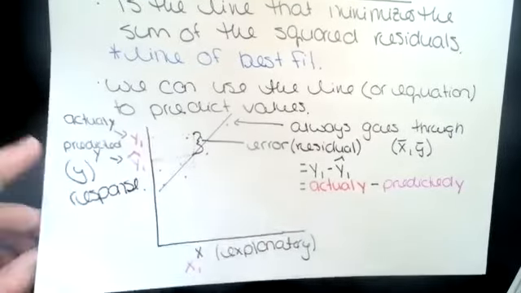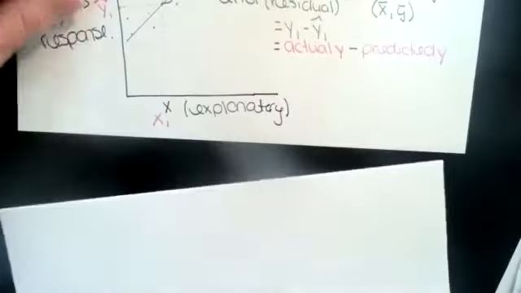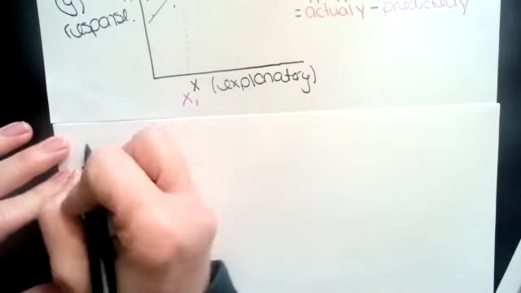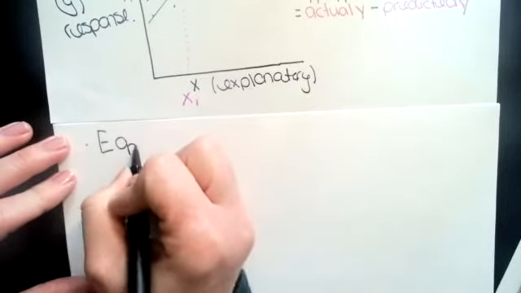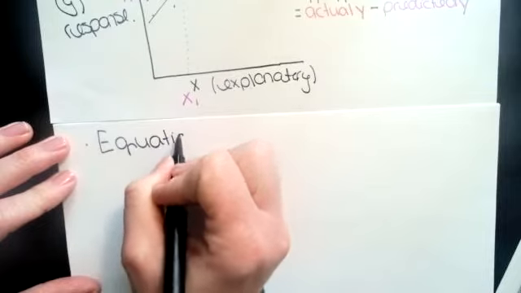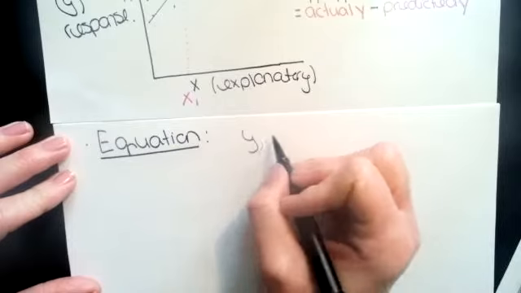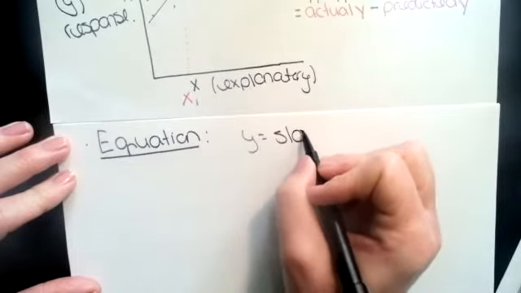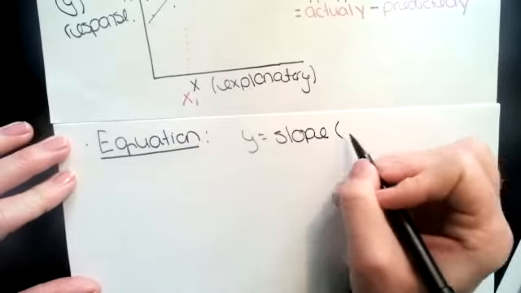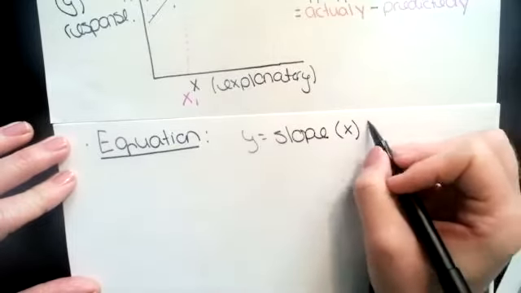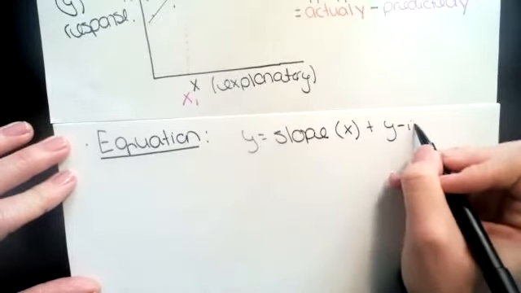So let's take a look at this equation. The equation of this line, we've already seen before. I'm just going to write it in a different way. We've all seen y equals the slope of a line times my x plus the y-intercept, right?